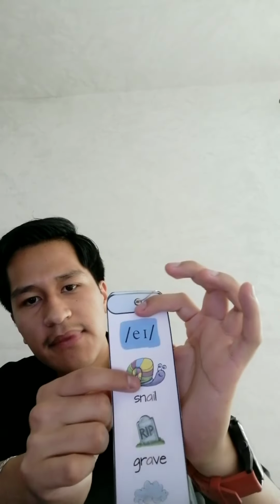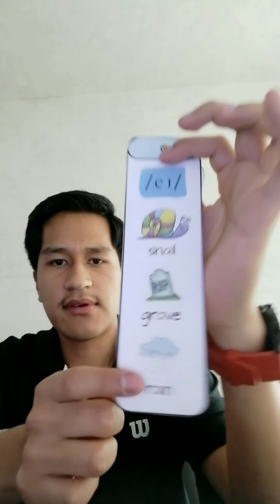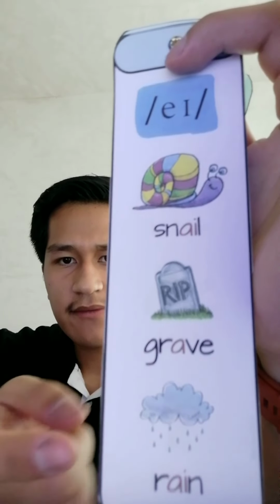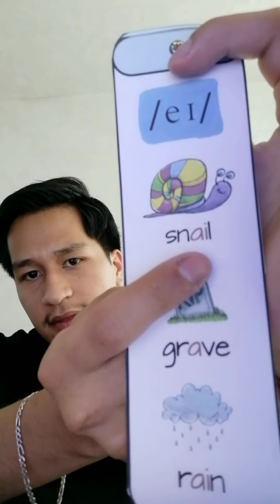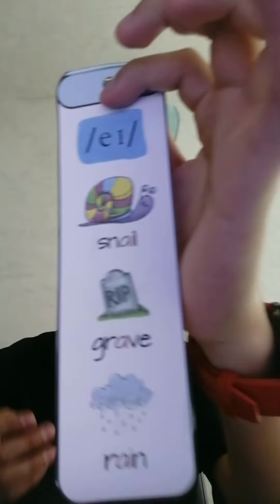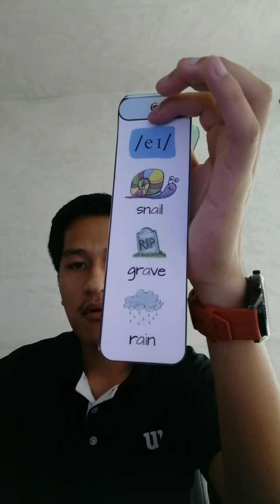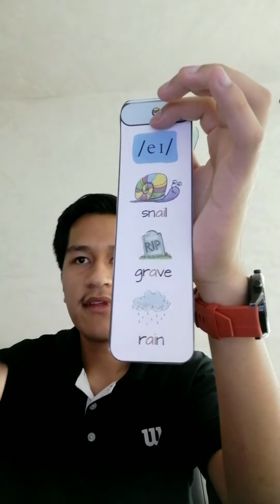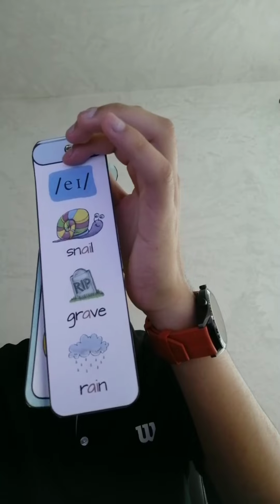Next, we have the picture, the name of the picture. We have the word. If you can see, you have a different letter in red. Why? Because in this part is the sound of the diphthong.